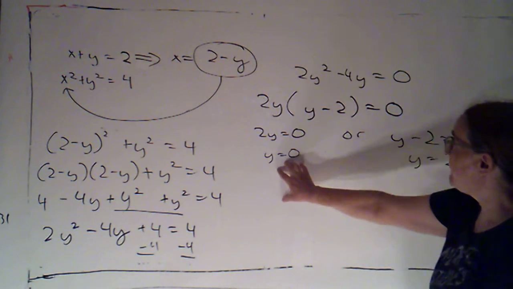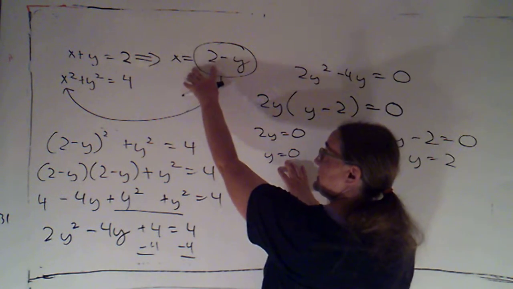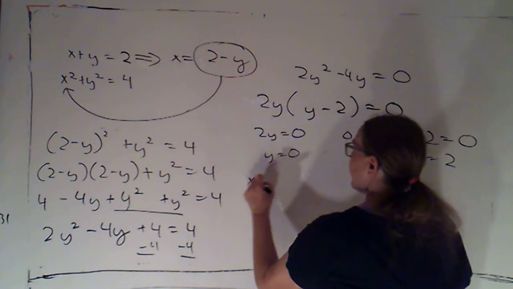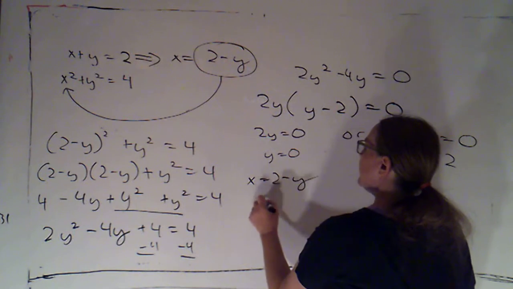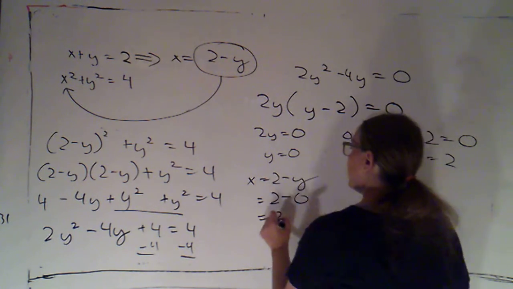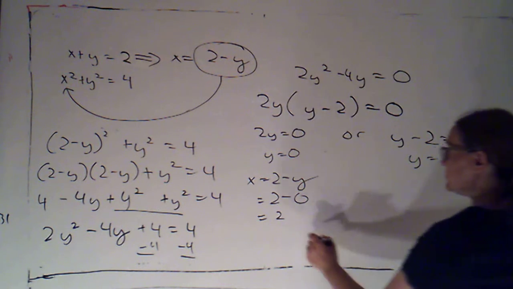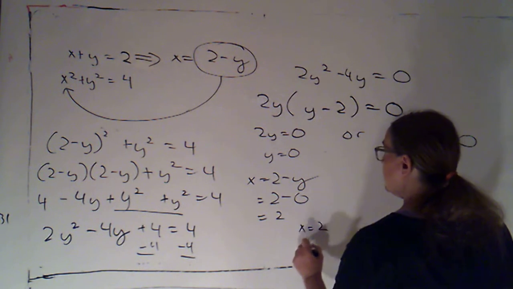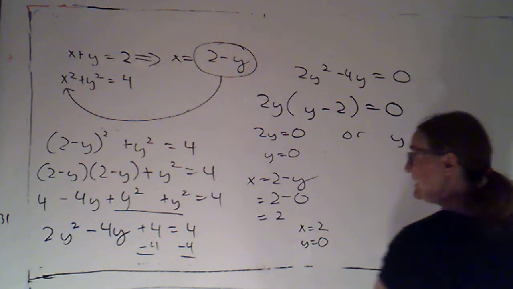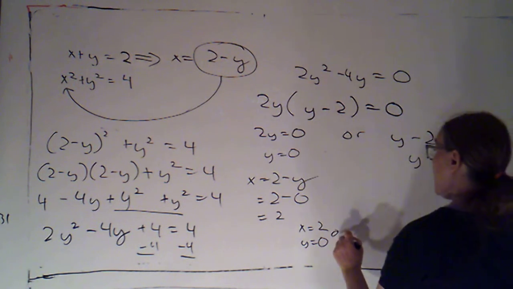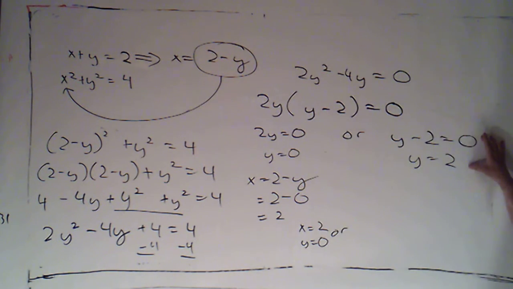So with this one, I think it's easiest to plug back into here. If x is 2 minus y, that would become 2 minus 0. That would become 2. So I get a solution, x equals 2, y equals 0. That is a solution. Or over here, I'm getting a different solution.